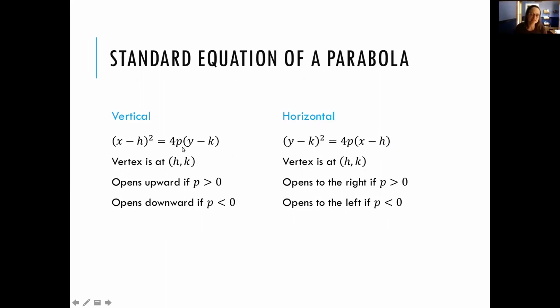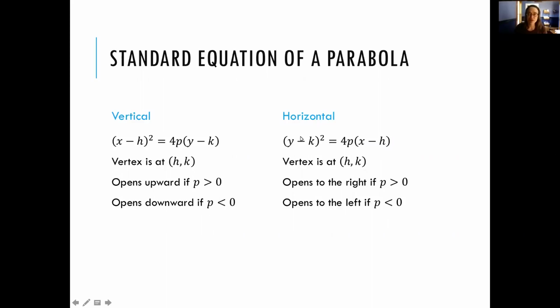Our vertex is at the point (h, k). Now, in previous courses, we've used an a here. We're now using 4p because we want to be able to talk about the focal distance, the focal length. If p is positive, the parabola opens upward. If p is negative, the parabola opens downward.